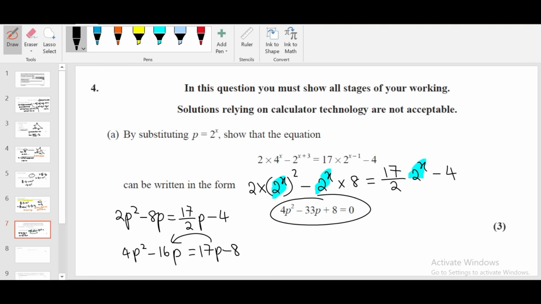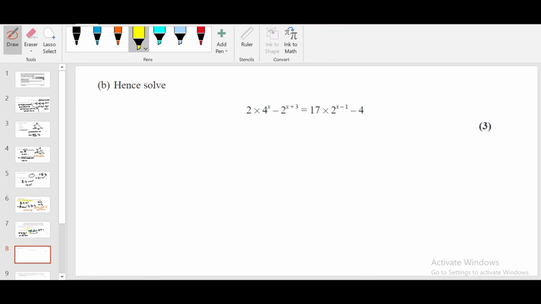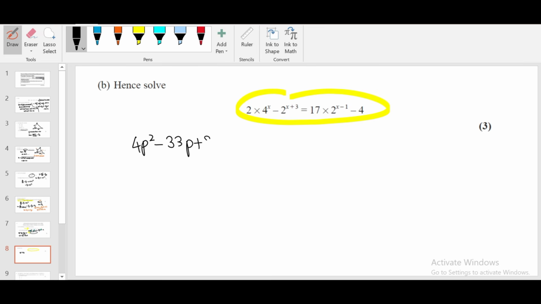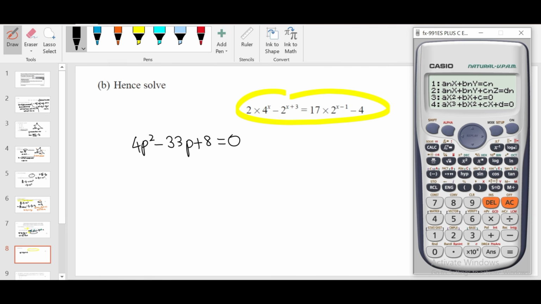In part B, mostly they are going to ask you to solve this equation. That's part A. So instead of solving this, we are going to solve 4p squared minus 33p plus 8 is equal to 0. Mode 5, equation, number 3, quadratic.